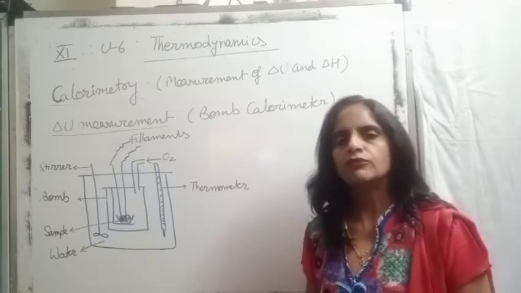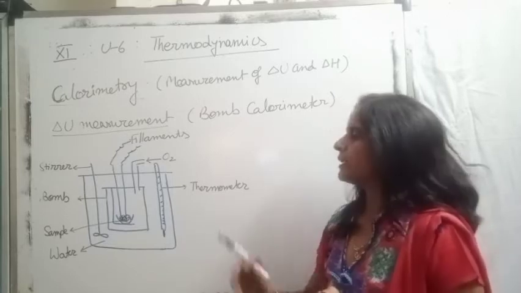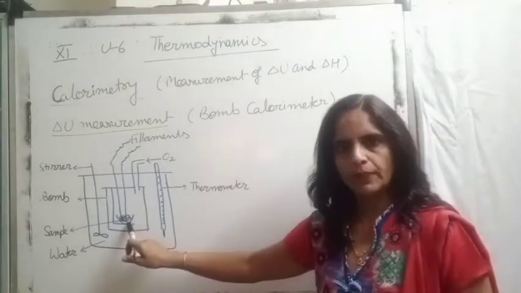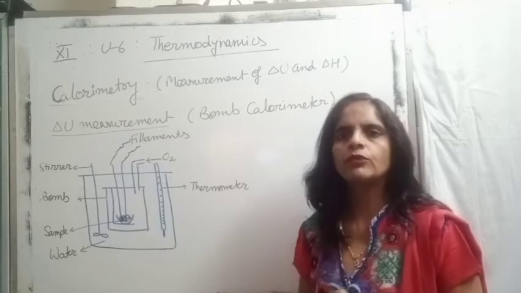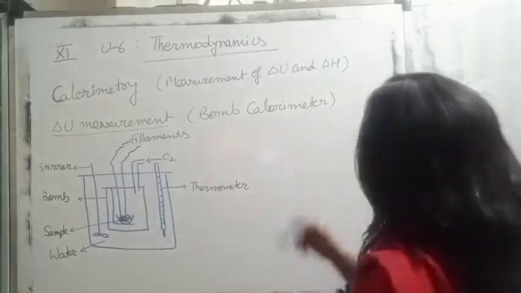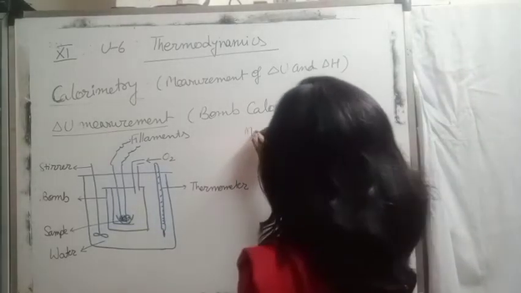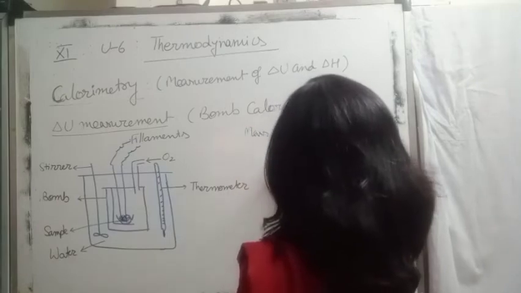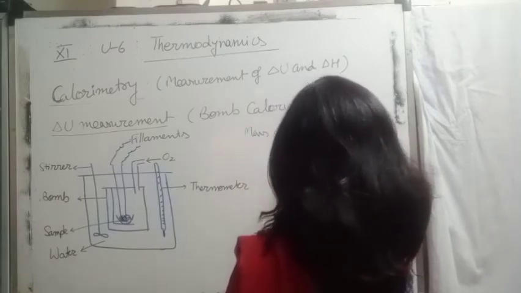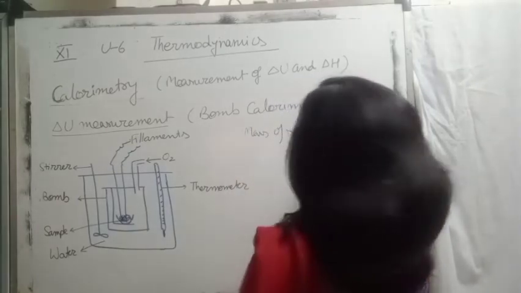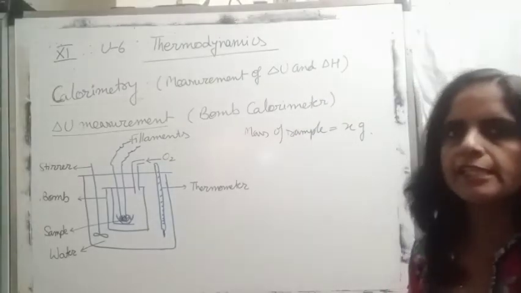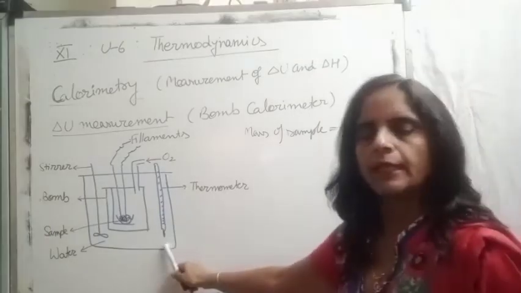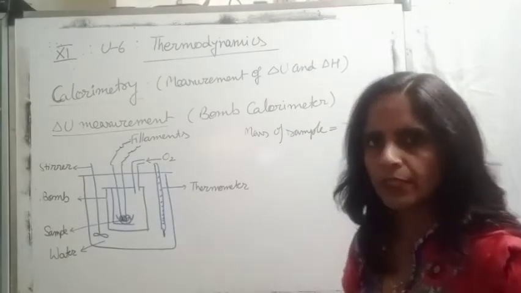Now, the working of the bomb calorimeter. Take a known amount of sample whose internal energy change we want to measure. First of all, note the mass of the sample, let it be x gram. Then before starting the experiment, note down the temperature with the help of the thermometer.